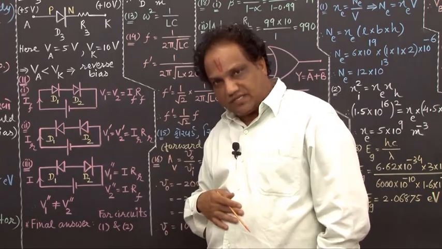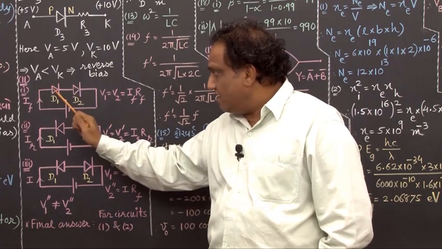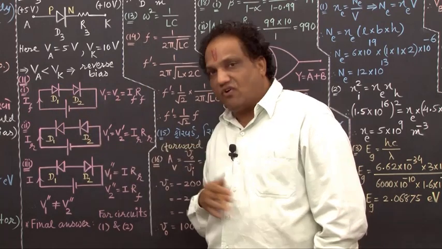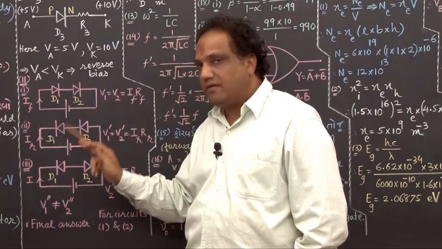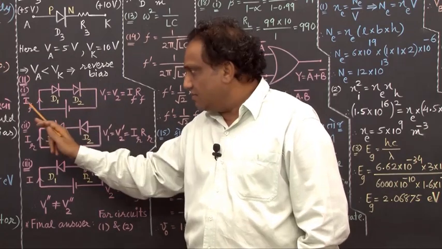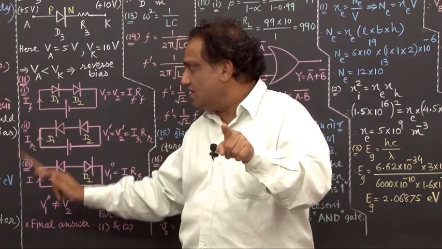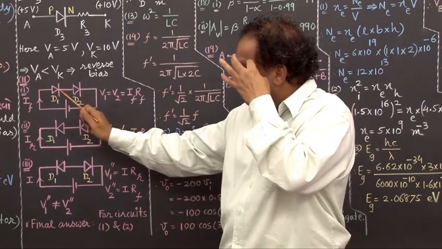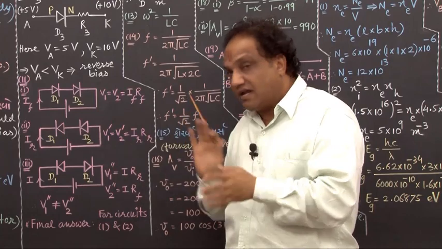In this first case, you can see both the diodes are forward biased because P is with positive, N with negative. When both the diodes are forward biased, naturally current passing through both the diodes, because they are connected in series, must be the same. But that same current is passing in forward bias condition, so I am just putting symbol IF. Now for one diode, the resistance in forward bias condition I am taking as RF.